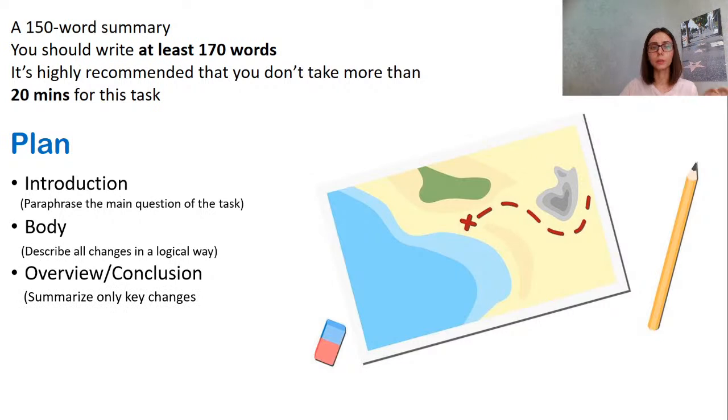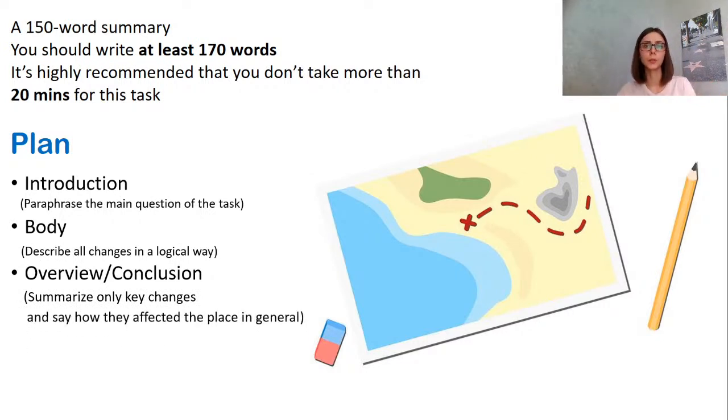So summarize only key changes and say how they affected the place in general. A reminder: how they affected the place in terms of maybe technological improvements, maybe accessibility, maybe in terms of the environment, so maybe it became greener, or maybe all trees were cut down and people really didn't worry about environmental protection.